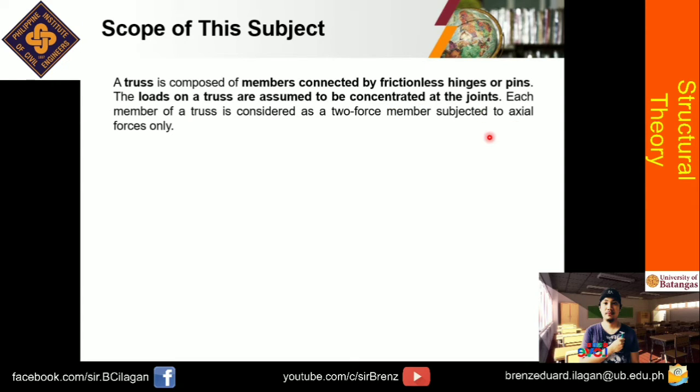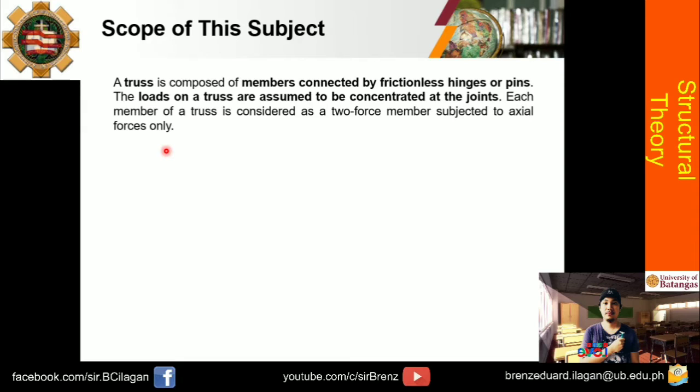Again, yung mga structural members for the truss are connected by frictionless hinges or pins, and sa mga connection na to, ina-assume natin na nakalagay yung mga concentrated loads na gagamitin natin sa pag-analyze ng isang truss problem. Each member of a truss is considered as a two-force member subjected to axial forces.